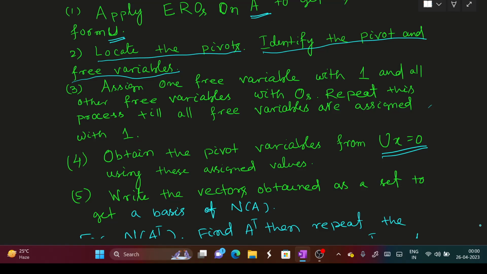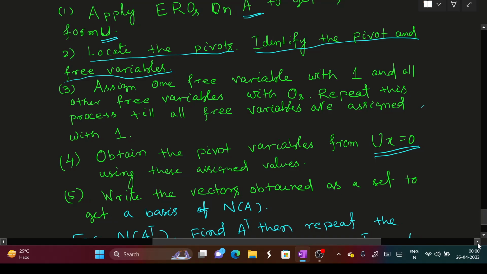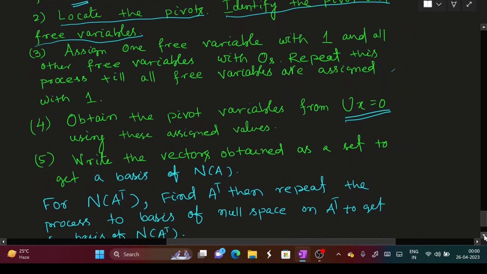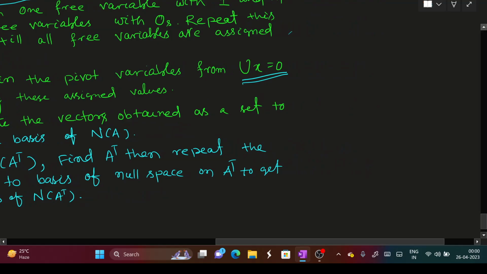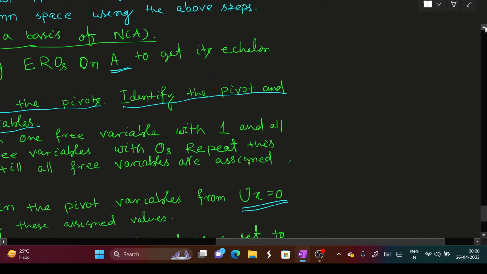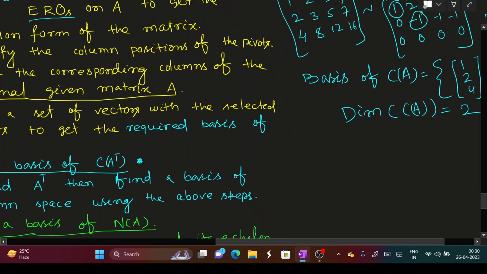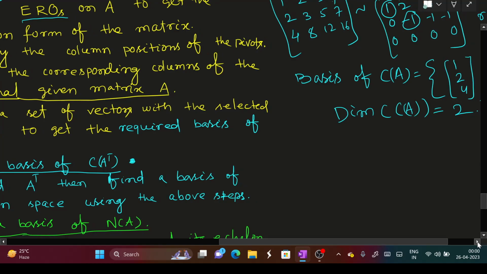The number of free variables is the same as the number of vectors obtained. We write them as a set to get the basis of the null space of A. Now let us find it. And to find the basis of the left null space of A, we simply find A transpose, then repeat all the process of the basis of null space.